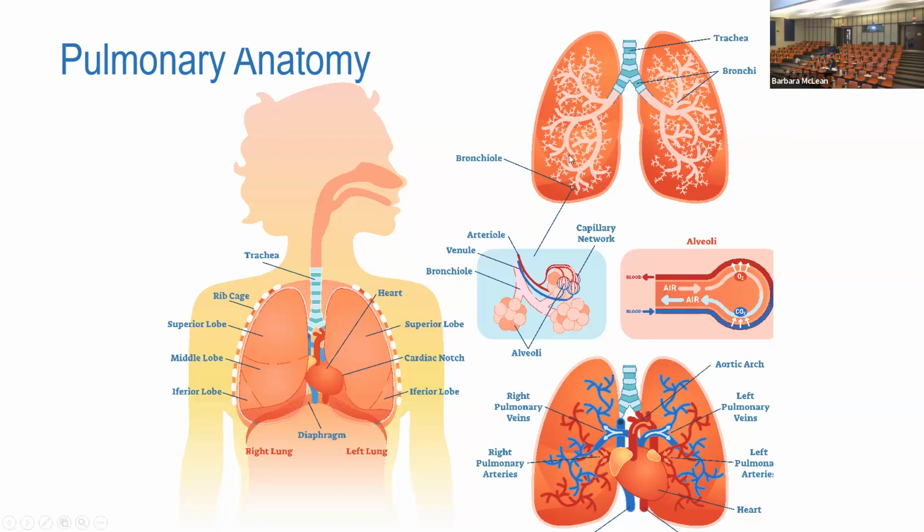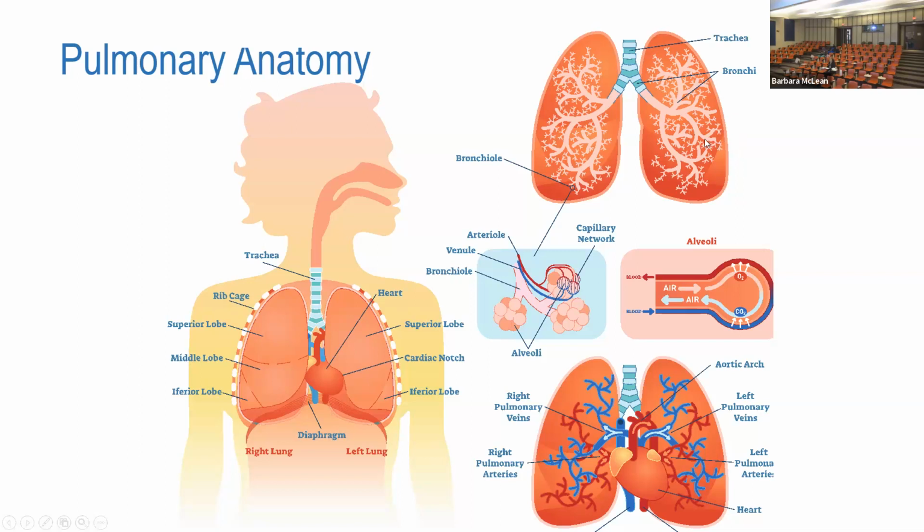Down here, I would have a low VQ match. Up here, in the apices of the lung, I'm going to have more ventilation than perfusion. That's going to be a high VQ match. For the majority of healthy lung, the best place to match gas and blood is right in the middle of an upright lung, where V and Q are matching.